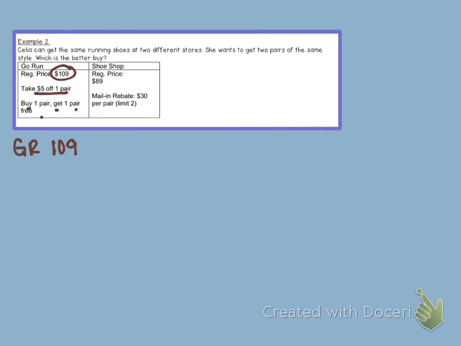Wow, that's a really good deal. So take $5 off of the first pair would mean that we pay $104 for the first pair. And then it's buy 1, get 1. So that means that it's $104 for both.